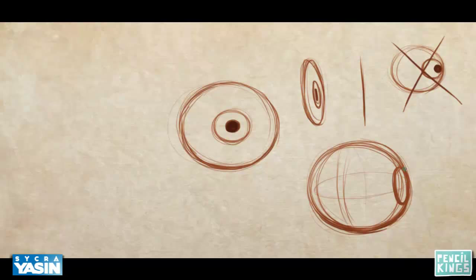Now you notice the shape of the iris isn't a circle, it takes on an elliptical shape. Now within this, we have the pupil. And the pupil is a hole in the middle of the iris where light goes in.